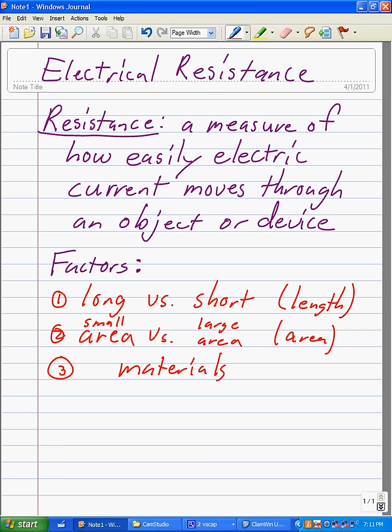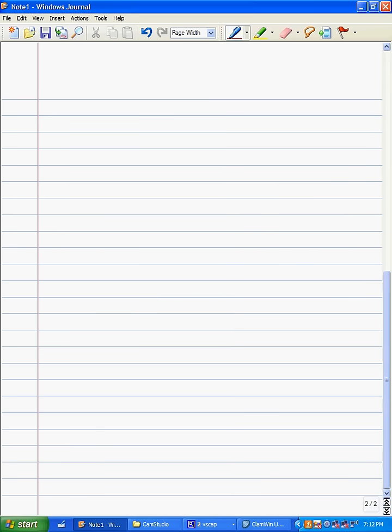So when we look at simple circuits, we're talking again about how easy it is for electricity to get through. There's a direct relationship between how much the resistance is and how little current can get through.